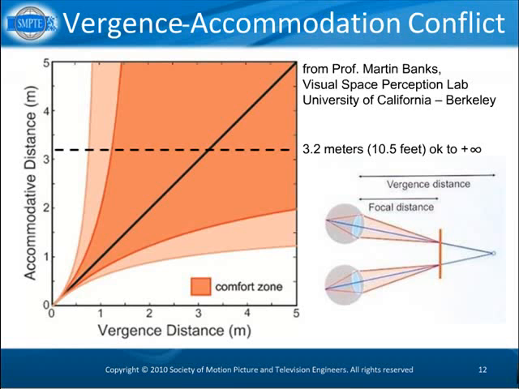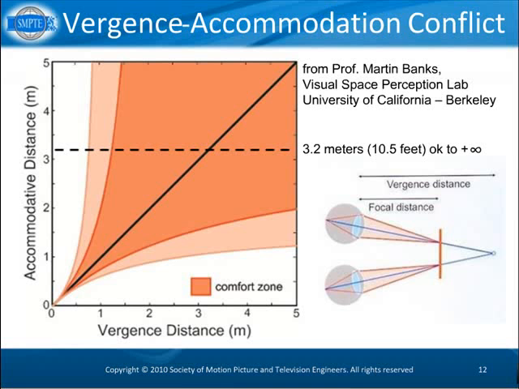Now, the dark orange area is called Percival's zone of comfort. That's where people will not get sick if they have a difference between the accommodation and the vergence distance. The lighter shaded area outside of that is an area where they confuse the two images. They can make one image out of it, but they might get sick when doing so.